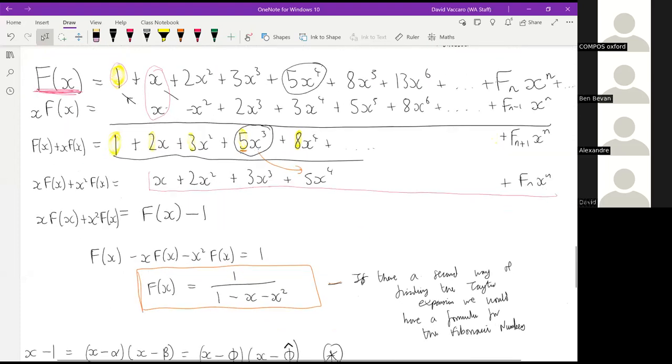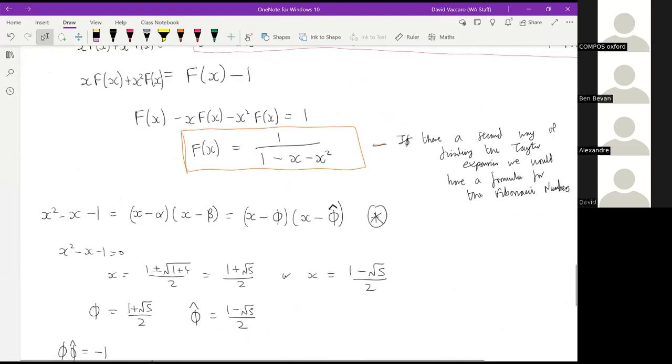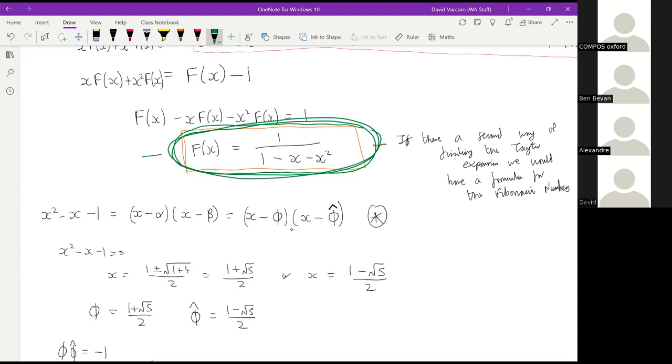So, okay, I'd got to this point where I'd established the generating function for the Fibonacci numbers. This function here, 1 over 1 minus x minus x squared, encodes the Fibonacci numbers. I haven't done too much since then.